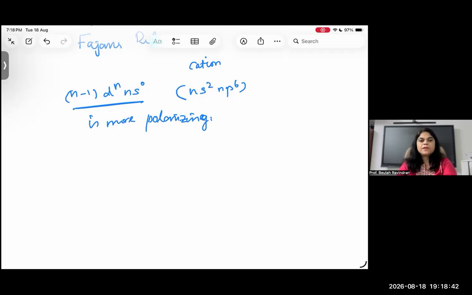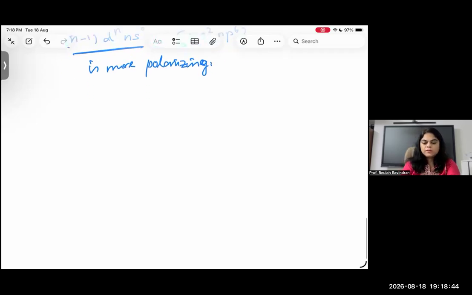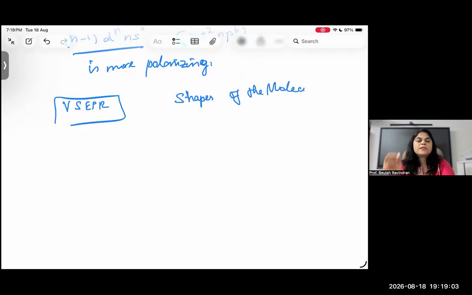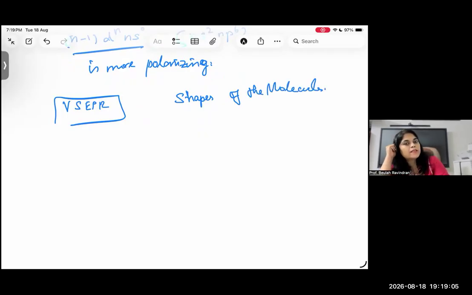Next, we are going to see about VSEPR theory. What is VSEPR theory? Valence shell electron pair repulsion theory. So, it determines the shapes of the molecules. Covalent bonds are directional in nature, right?